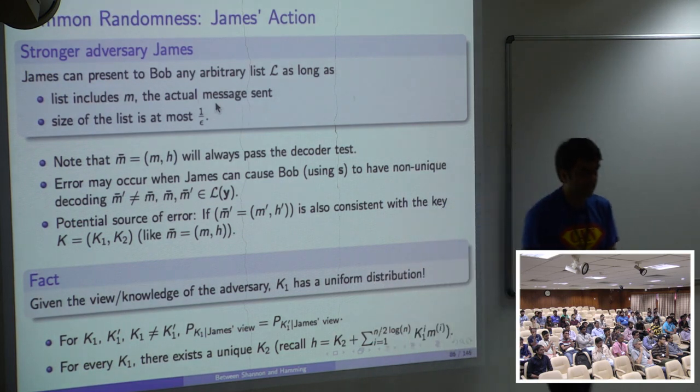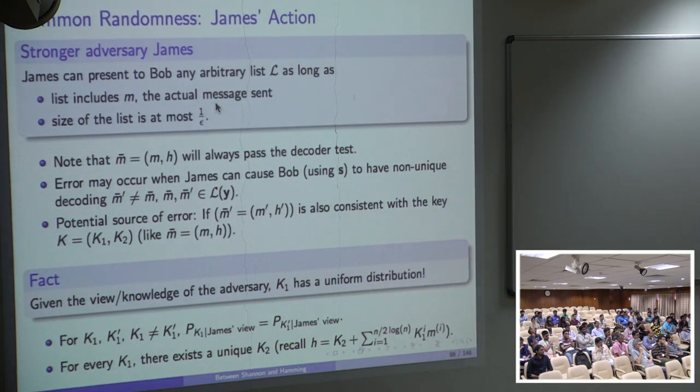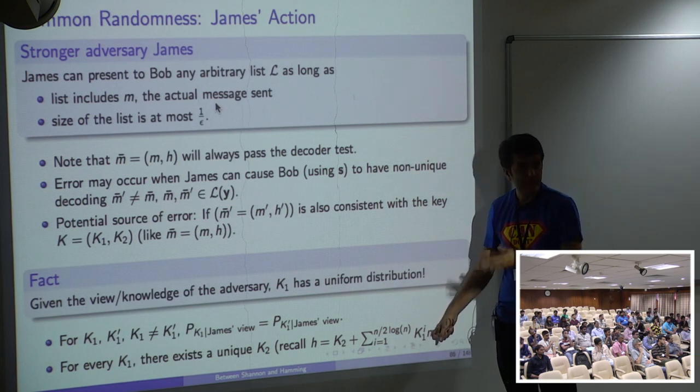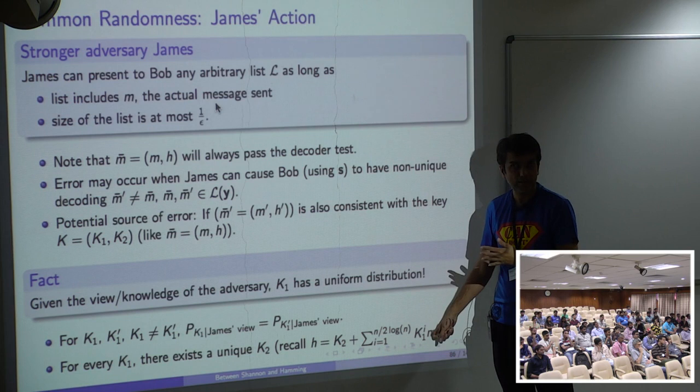So if the adversary sees the message and the hash, the encoding X doesn't convey any extra information. So if he sees the message and the hash, for any value of K2, there's a unique value of K1 which makes this equation be satisfied. Therefore, K1 is uniformly distributed with respect to the adversary's view, with respect to what he's seeing, right?